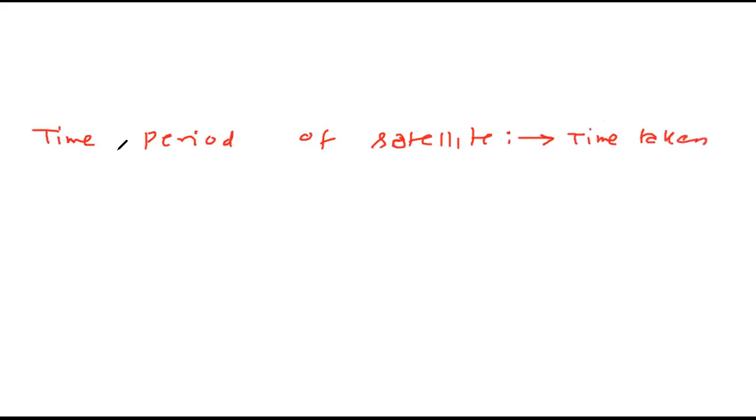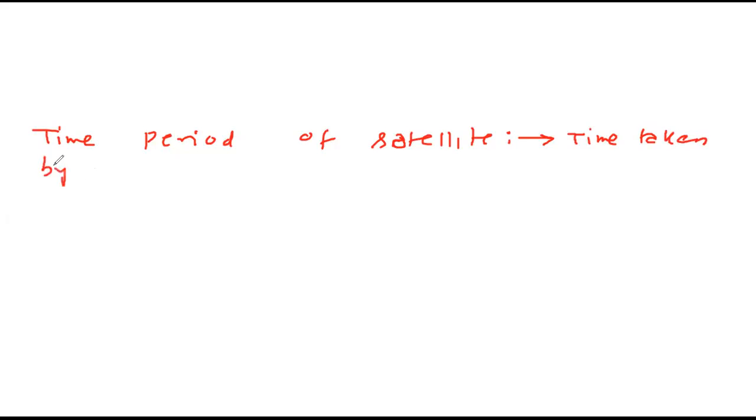Next heading: time period of satellite. What is the meaning of time period? You have studied in 9th, 10th, time period of wave. Time taken to complete one revolution, one oscillation, one vibration, all are called time period.